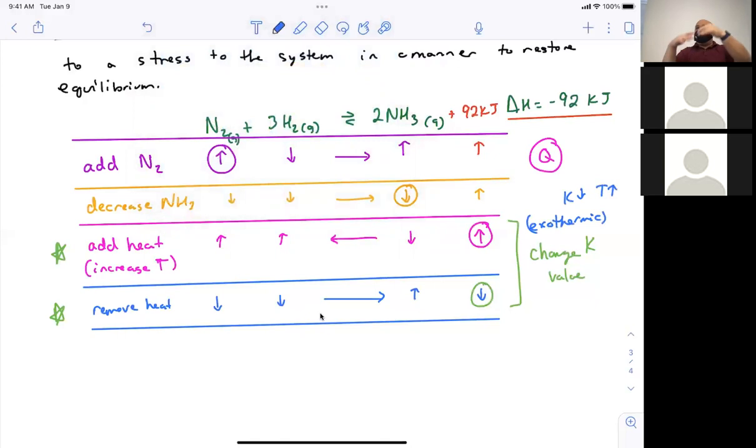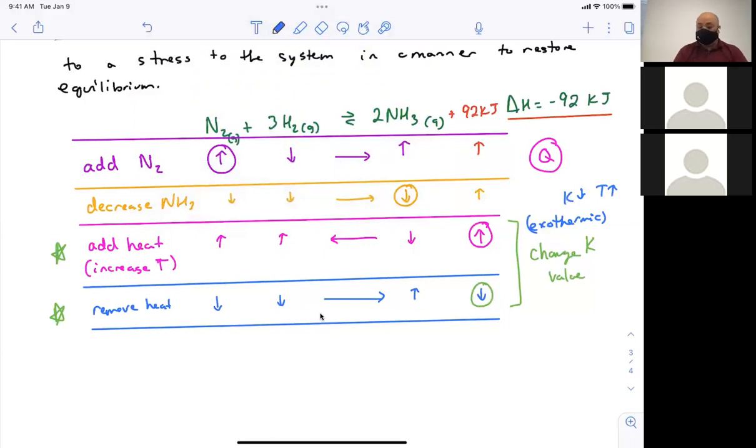Again, not something you have to memorize, but it's something to think about here. Because if temperature causes the reactants to increase, then your K value will decrease. So if you see two K values, and as the temperature goes up, the K value goes down, you can make an assumption that the heat must be on the right, because I'm making more reactants when I increase the heat. Questions about that?